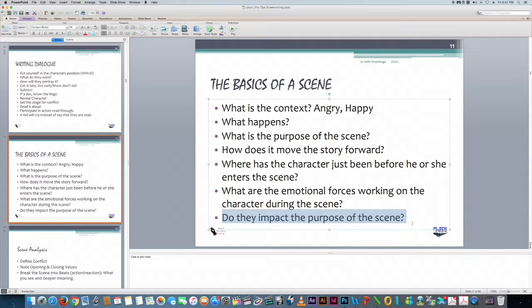So the next question is, once you have the purpose of your scene, how does your character impact your scene? Maybe he's a guy who's just outlandish, doesn't even understand what is going on around him. So you have a character telling him that the relative is in ICU, then he's laughing, ha ha ha.